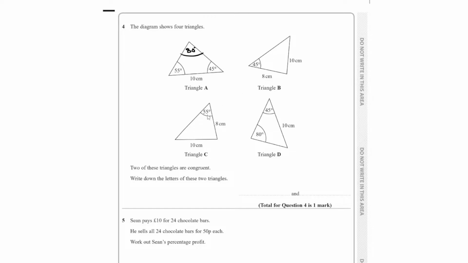You've got 55 here where this other one had 45, so C and B don't match, because do you see how this angle would be the same as that one, and they're not. If you were to rotate it, it's not in the same place. And then this one, you've got 45 and a 10, which does match the 45 and 10 over here.